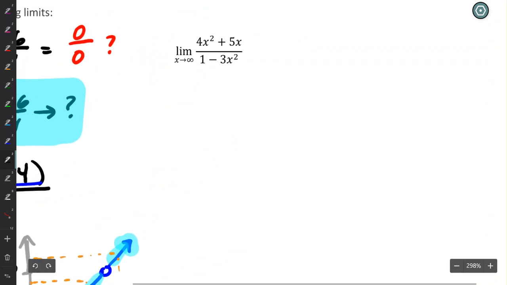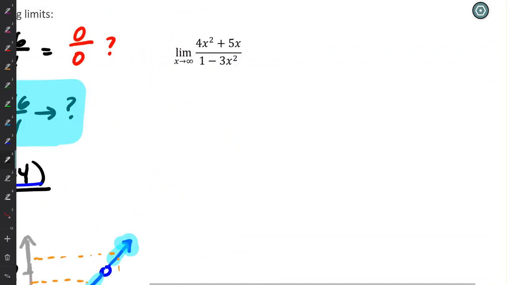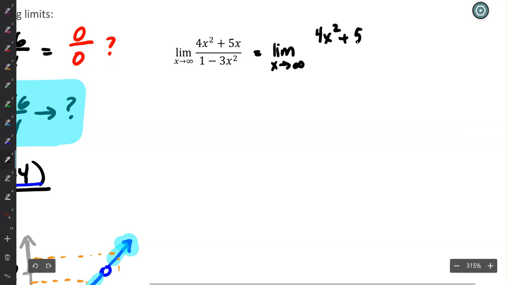The limit as x approaches infinity of 4x squared plus 5x all over 1 minus 3x squared. Now, remember that what dominates here is those highest powers of x. So I'm going to go ahead and write it in descending order.